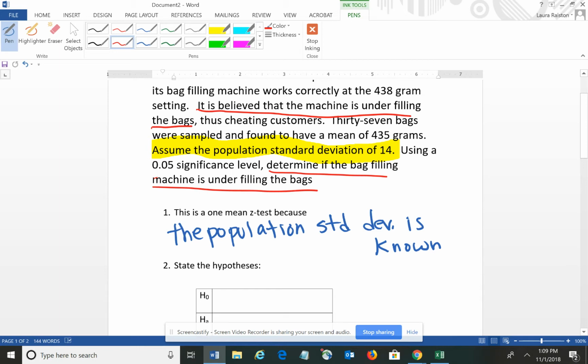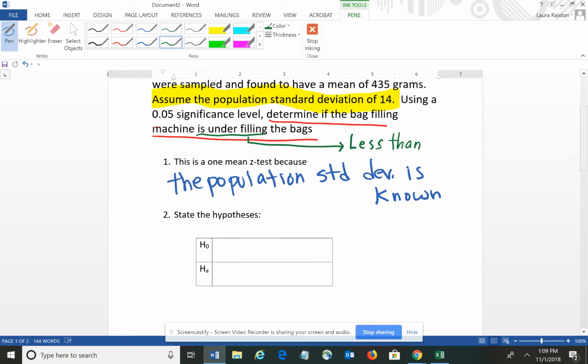Now, you do have to interpret what is meant by the idea that it is underfilling. You have to think about it mathematically and whether that would mean equal, less than, greater than or equal to, less than or equal to. I hope you realize that underfilling means they're not putting enough, or it's less than what is supposed to be in the bag. And because it is less than, that statement actually represents the alternative hypothesis.